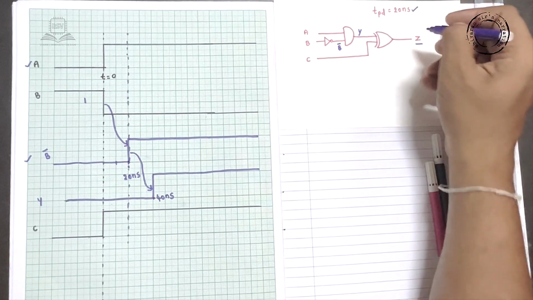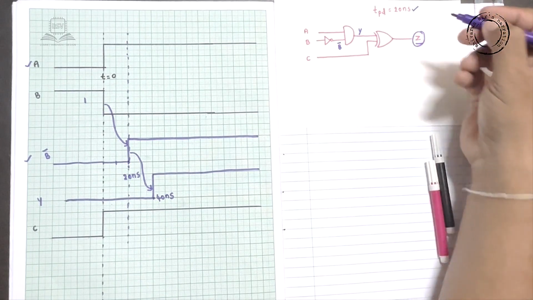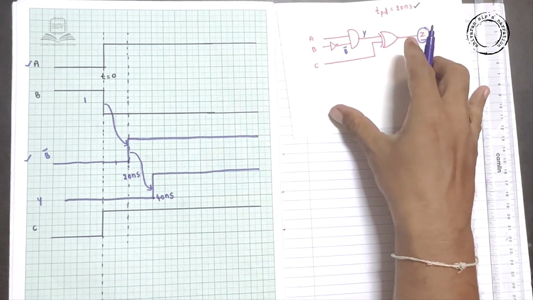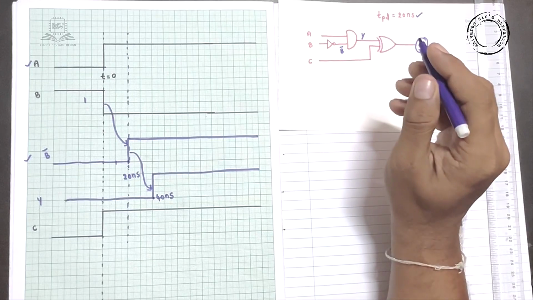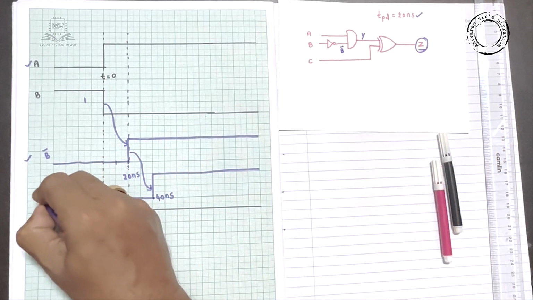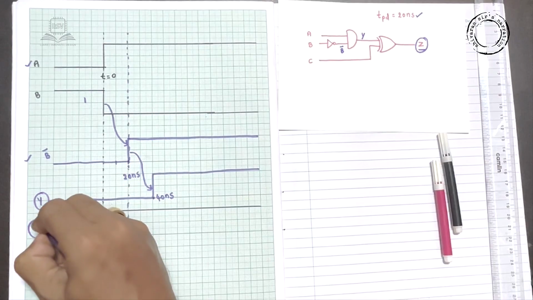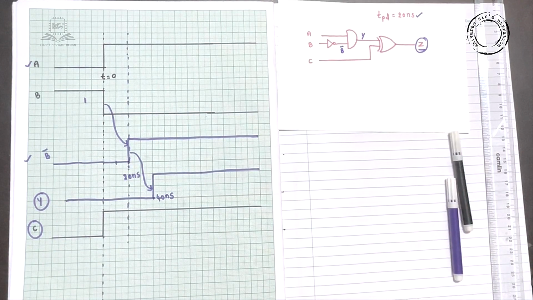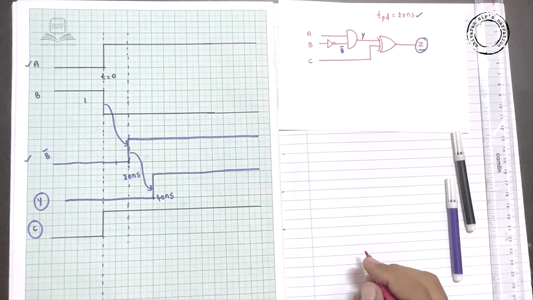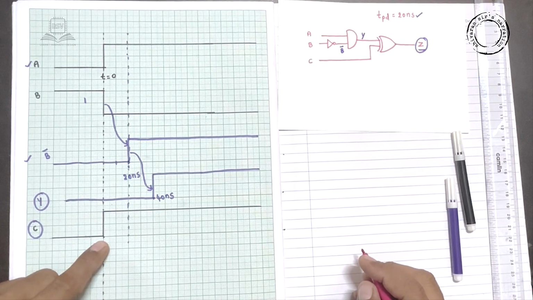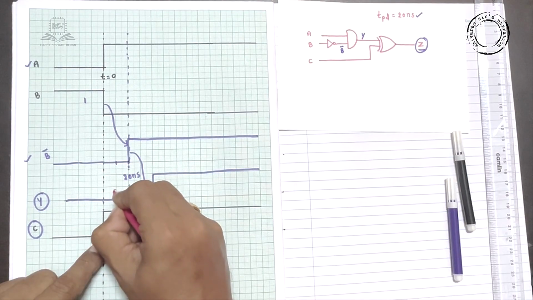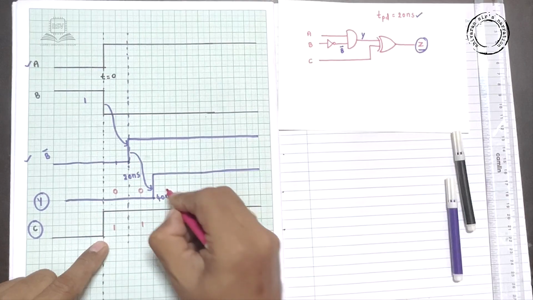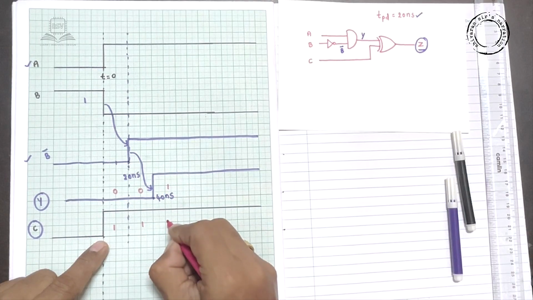Now it's time to draw the output Z. Here the XOR gate is there. The inputs are Y and C. Let's change the color for a better graphical representation. Now guys, here you can say it's 0 1 0 1 1 1.